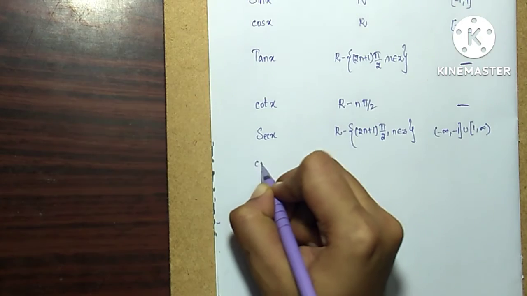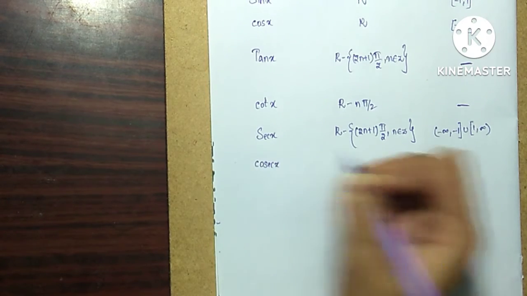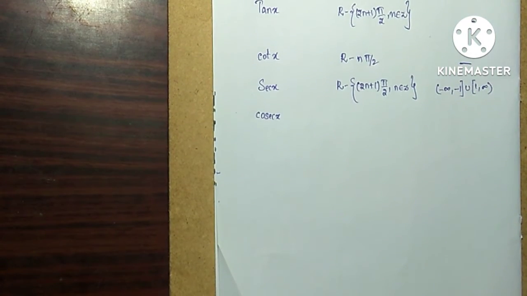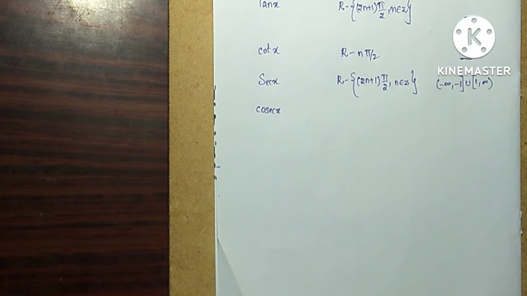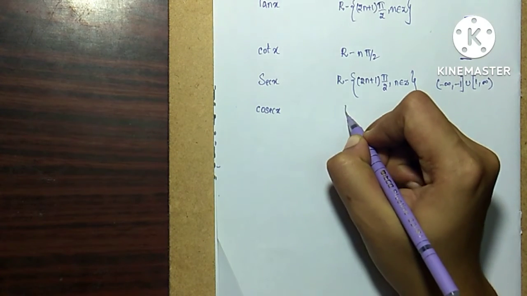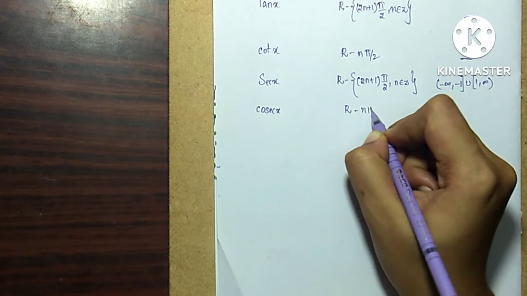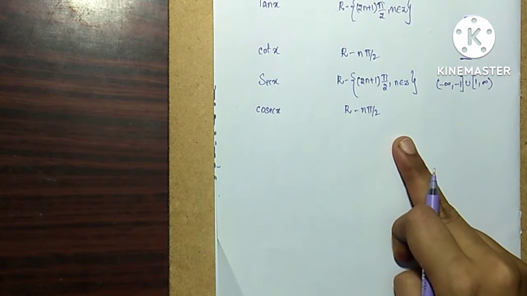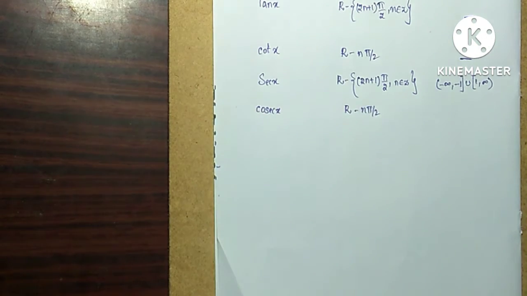Now it's time for cosecant x. The domain of cosecant x is R minus nπ/2. It is quite similar to cot x. So cosecant x is similar to cot x and secant x is similar to tan x in the form of domains, but ranges are different.